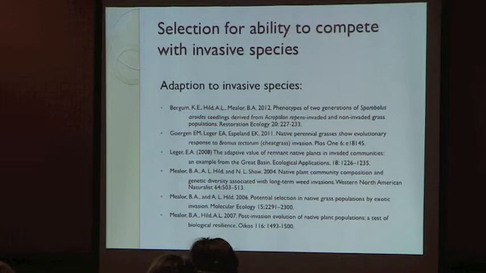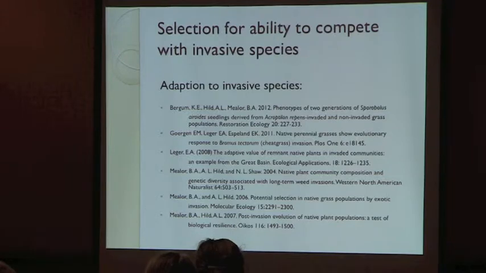And then he and a number of people have gone on to show that those genotypes indeed did have enhanced capabilities to compete with and tolerate invasive challenge. So there's a number of folks that are actively trying to develop plant materials based upon these things that are assisted by these processes that are actually happening out in the field.